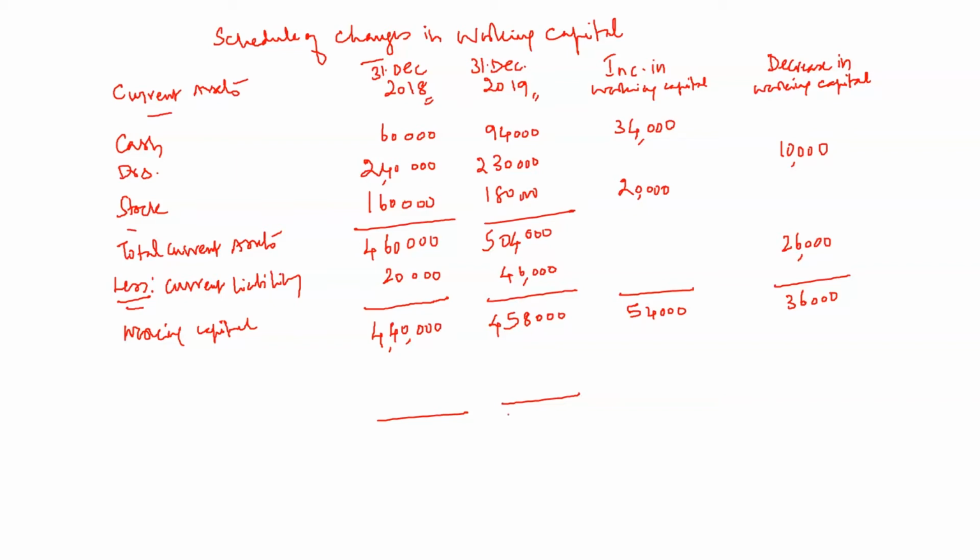So I am just closing the account, transferring it over here, and the difference is 18,000, 4,40,000 and 4,58,000. There is an increase of 18,000. So my observation is increase in working capital requirement.